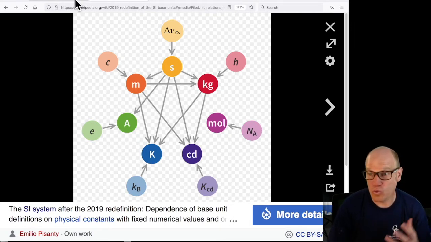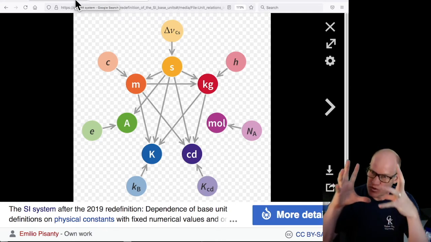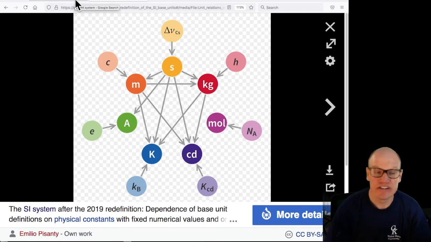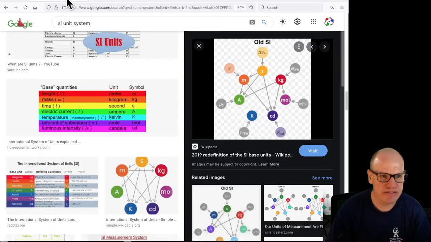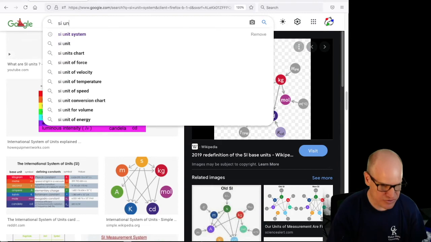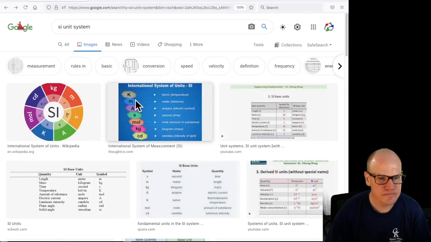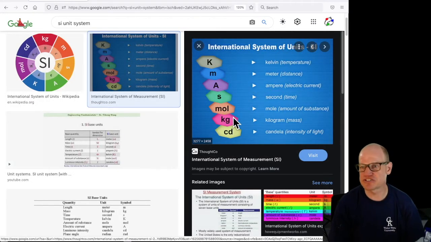And so we need this system of units in order to be able to take what we observe in the universe and map it onto a mathematical model. Not only do we need a system of units, but we need to have a way of relating those units to the mathematics. So let me go, let's see, SI unit system. These are the only units that exist in the SI unit system. Everything else is derived from them.